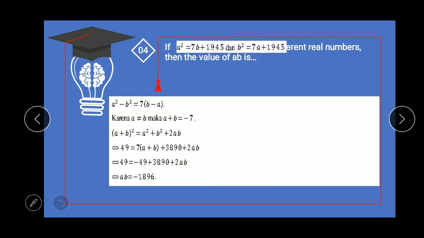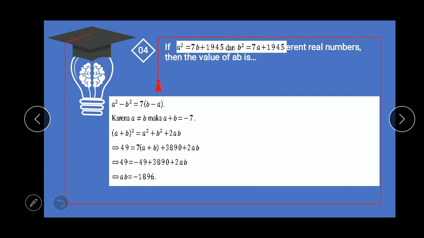And then the fourth question is: if a squared equals 7b plus 1945 and b squared equals 7a plus 1945, with a and b being different real numbers, then what is the value of ab?